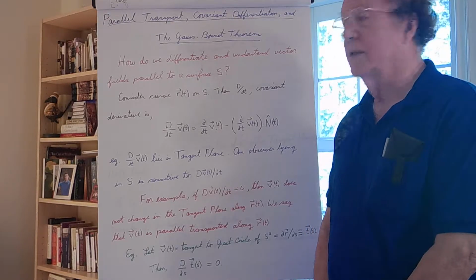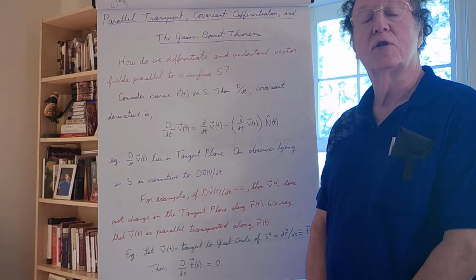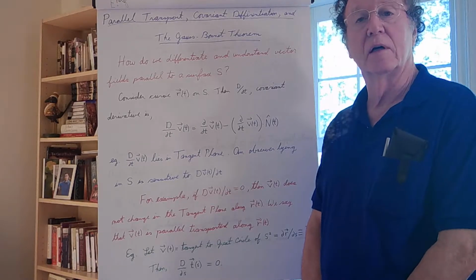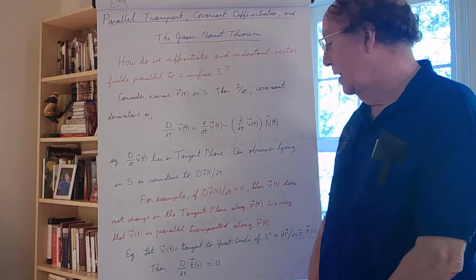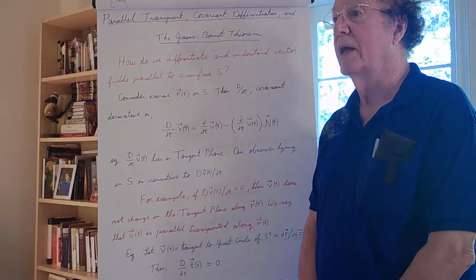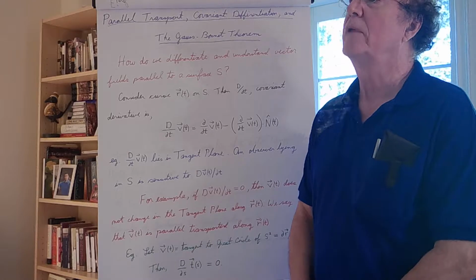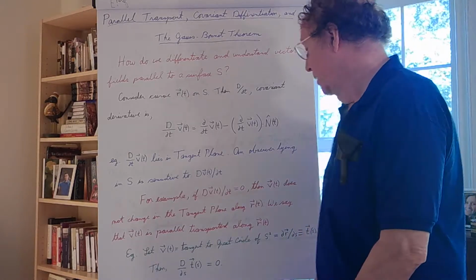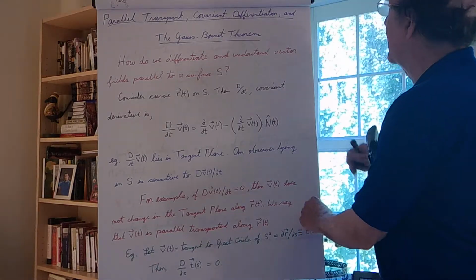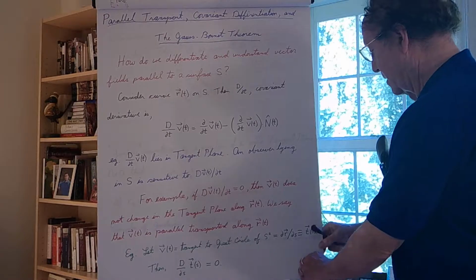The great circle is a geodesic. It's as straight as possible for a curve that's embedded in the sphere. It has no curvature to the left or to the right. Its only curvature is in the normal direction, kappa sub n, as we've discussed.